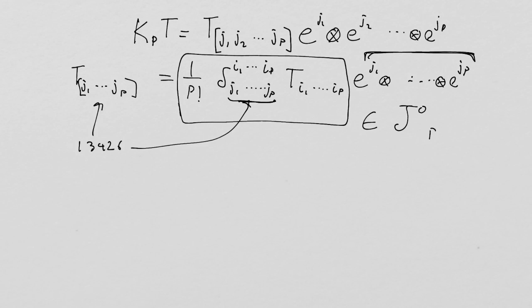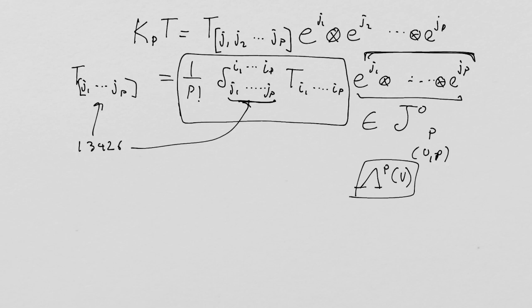It's still a member of the rank 0 P tensor product space, but it's expressed in that basis. But it's a completely antisymmetric tensor. So we already know that this thing is a member of a subspace, the subspace of P forms, right?